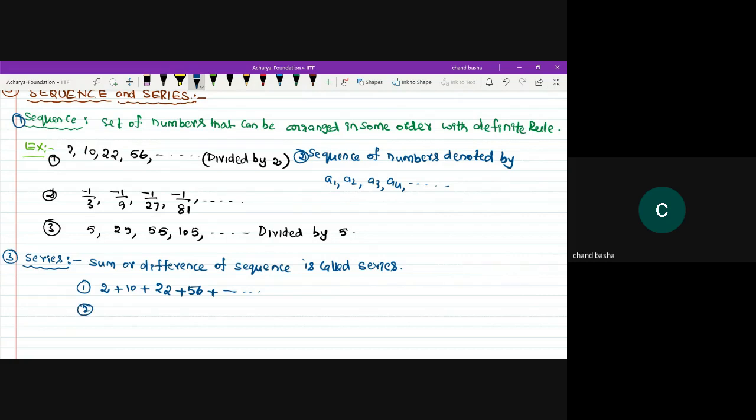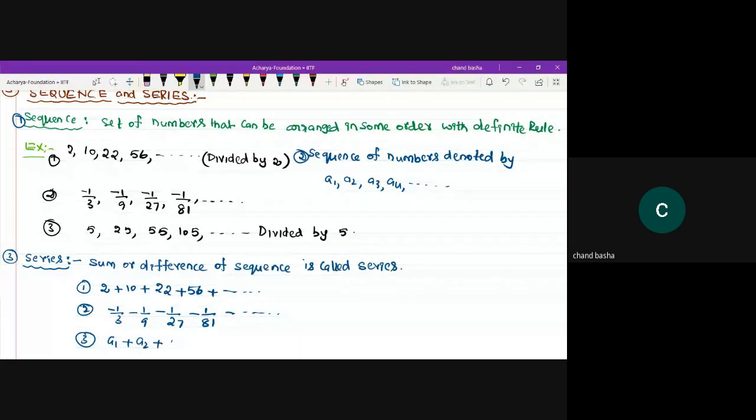Second example: minus 1 by 3, minus 1 by 9, minus 1 by 27, minus 1 divided by 81, and so on. It is a series. And in standard form, what can I write? A1 plus A2 plus A3 plus A4 plus, and so on.